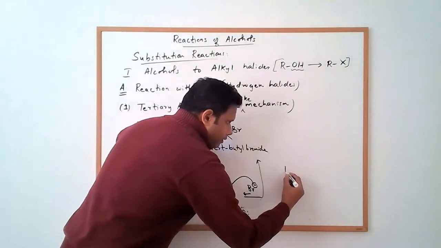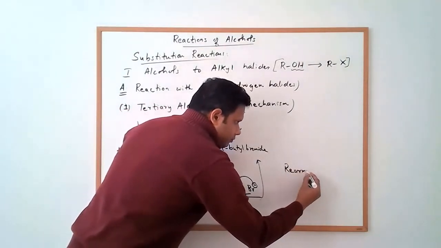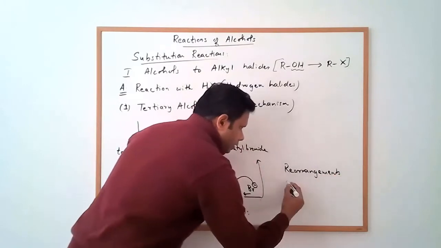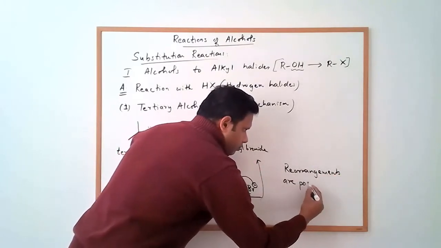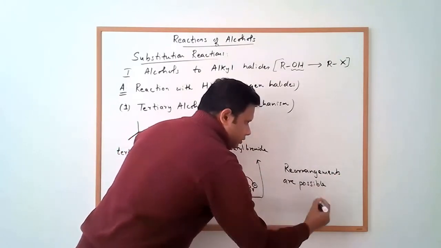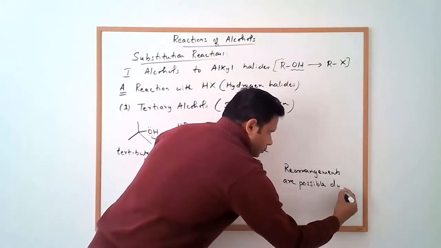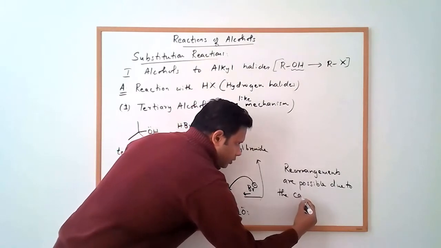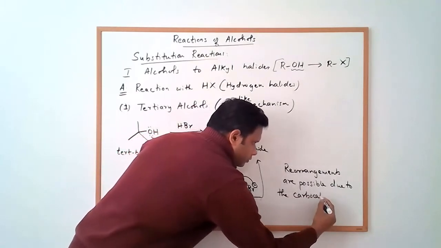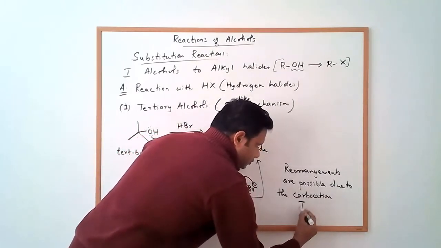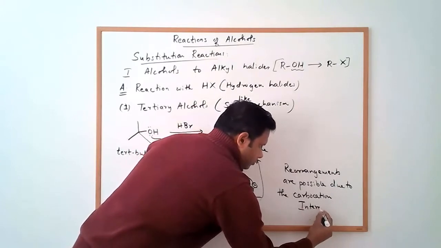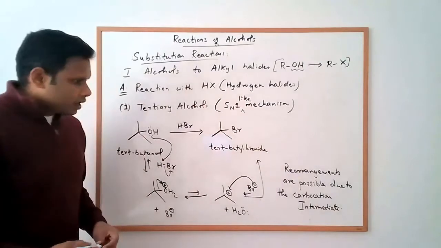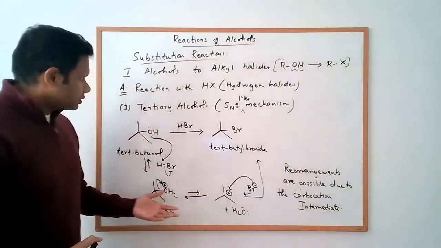So rearrangements are possible due to the carbocation intermediate. And so you might get mixtures of products, okay?